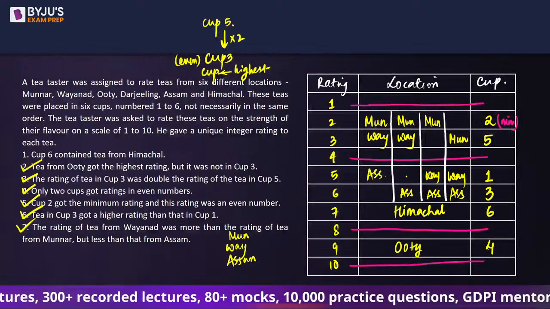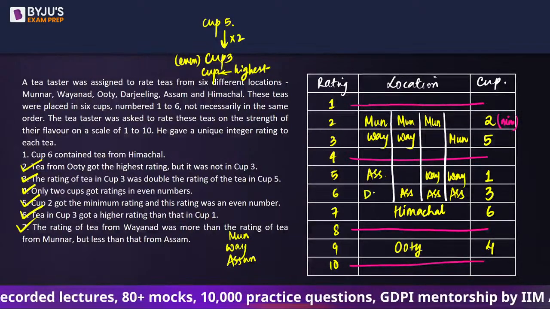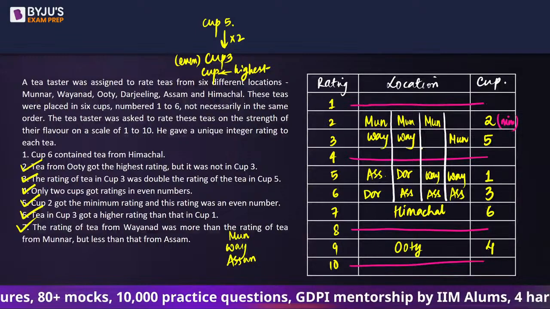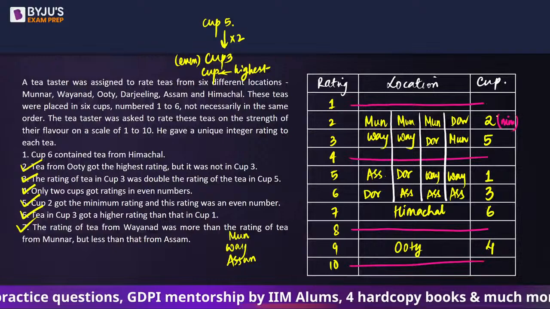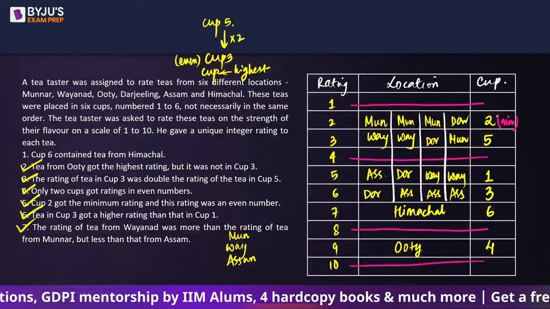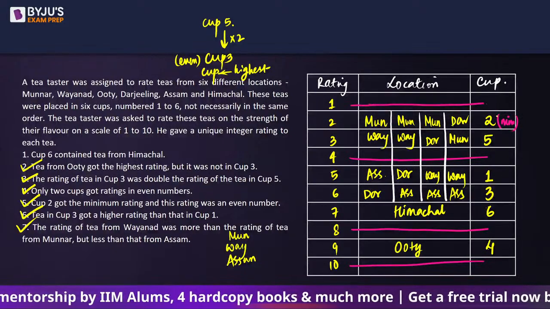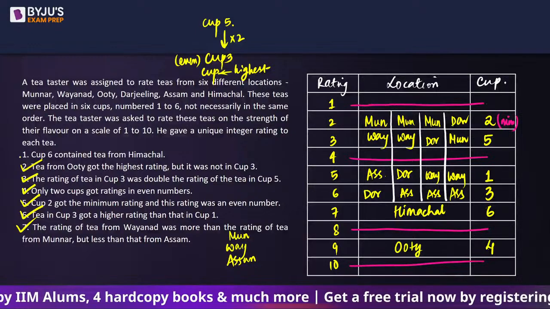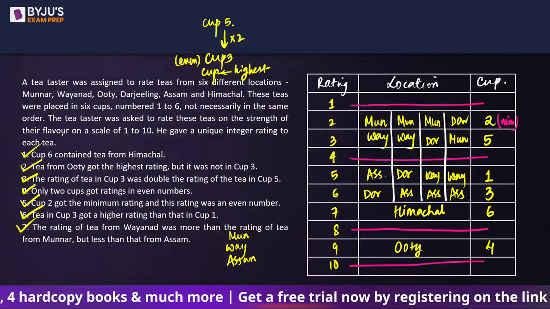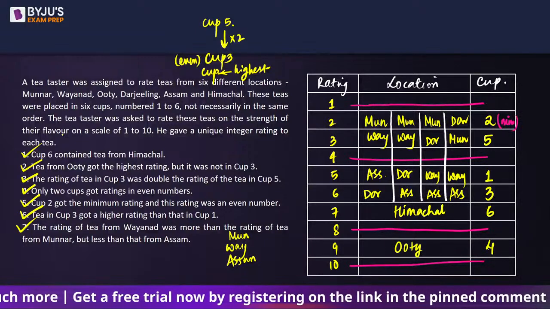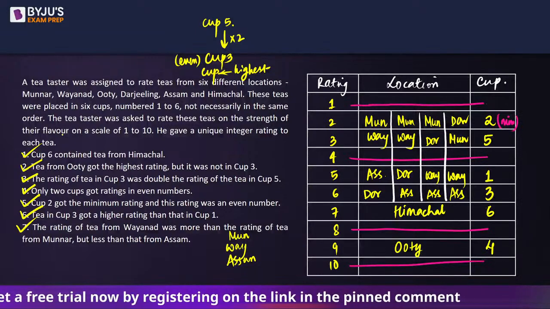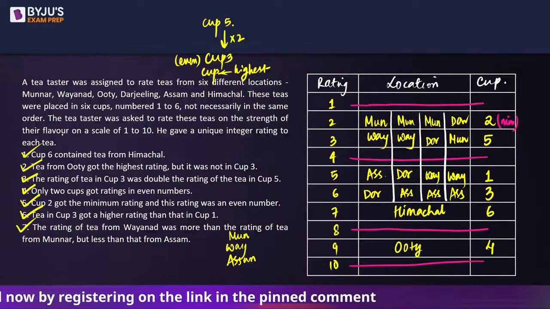So the leftover is Darjeeling. So we can have Darjeeling here, here, here, and here. So we have 4 possibilities from here. So we know exact ratings, we know exact cup, and we know the exact location. Let's reread the statements in our mind and see if we have made any mistake or not.